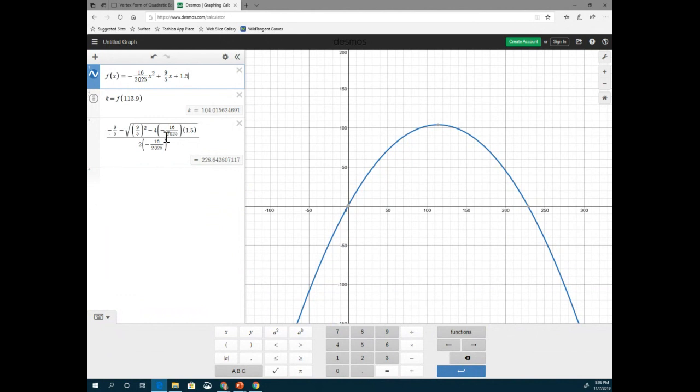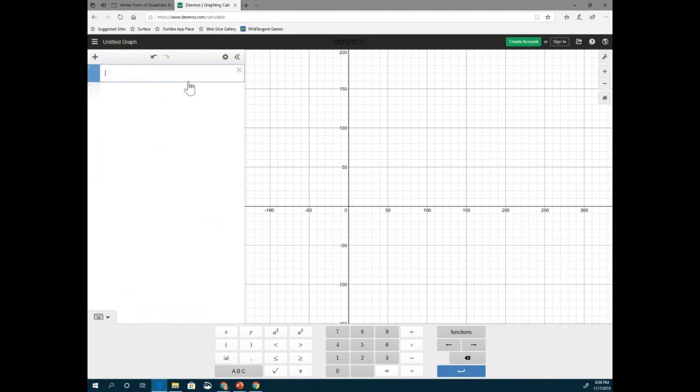I know I typed this whole quadratic formula in all at once, but here's what you can do to make your life easier for the discussion. So our discussion, we have a function f of x equals negative 16. It's t, but we can use x, so x squared plus, we don't know our velocity, so I'm going to just put v naught x plus h naught.